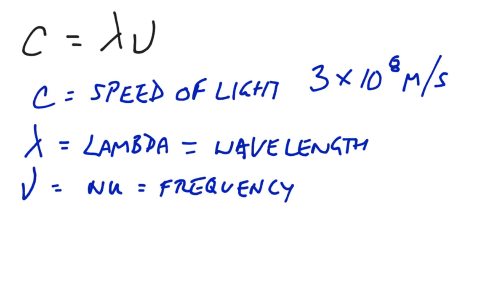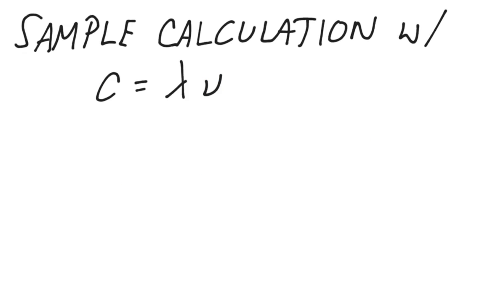If you know either wavelength or frequency, you can solve for the other one with the constant speed of light. For example, if you knew that green light was hitting a wave and it had a wavelength of 4.9 times 10 to the negative 7th power meters, you could then solve for frequency. Simply isolate the variable.